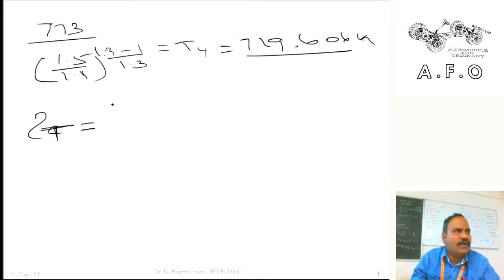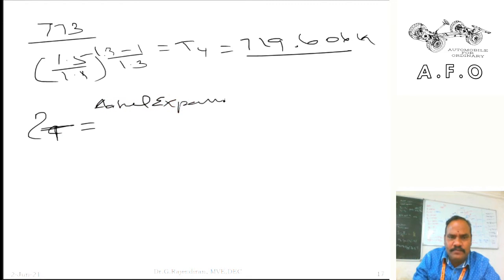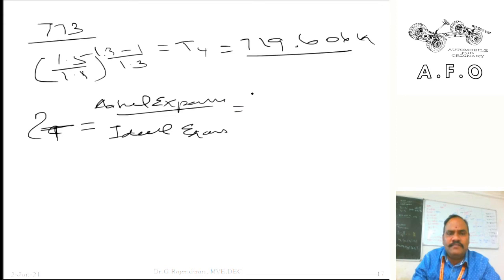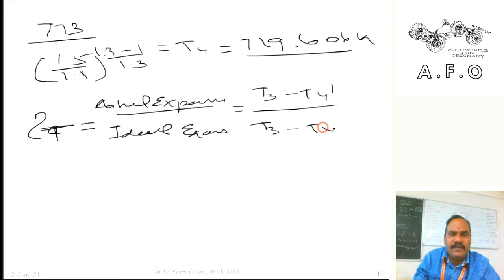Now come to the isentropic efficiency of the turbine. It is the actual expansion divided by the ideal expansion. Correct? So it is T3 minus T4 dash divided by T3 minus T4.